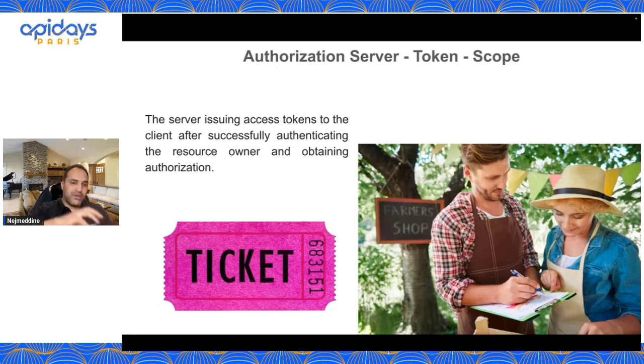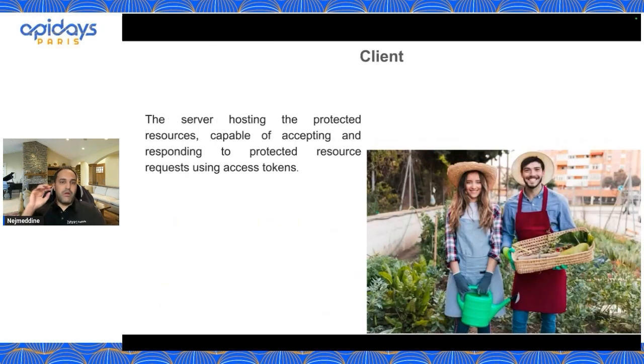So the scope can be considered as a restriction. Even if you are authorized and you have the ticket, you will not be able to do everything you want inside the farm.